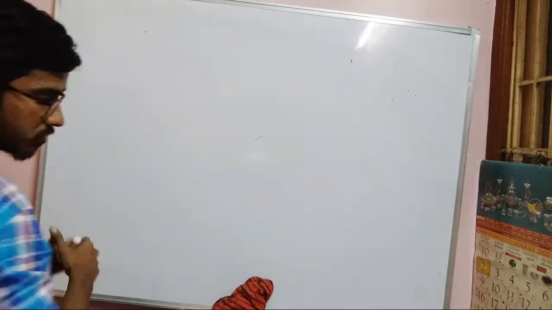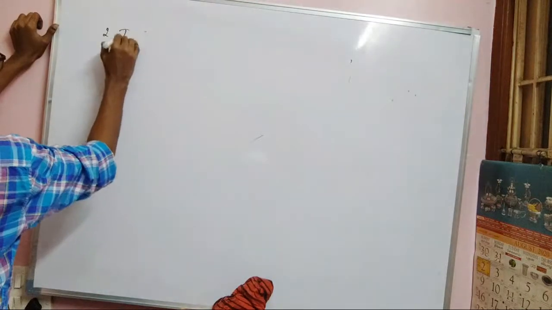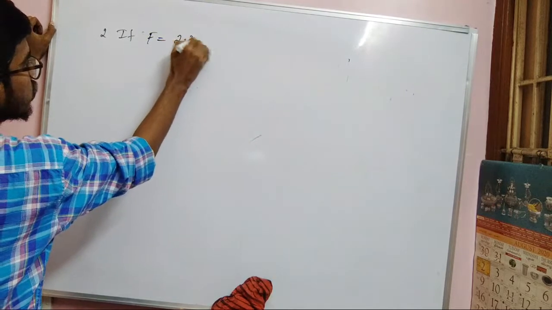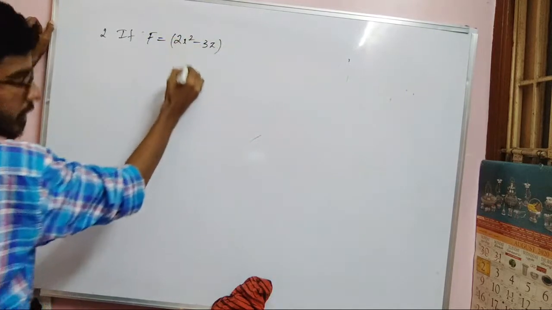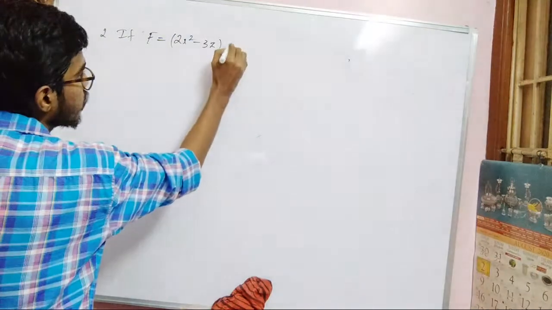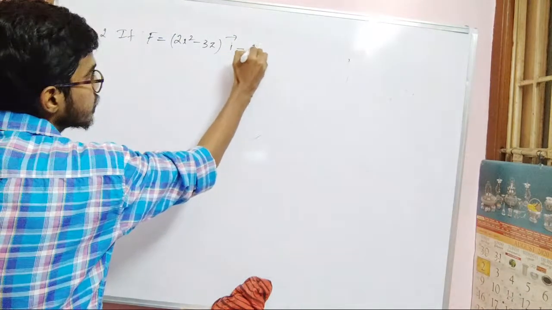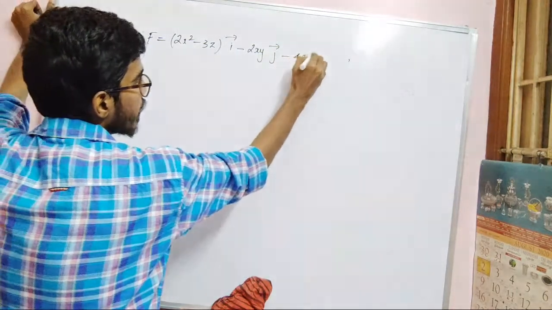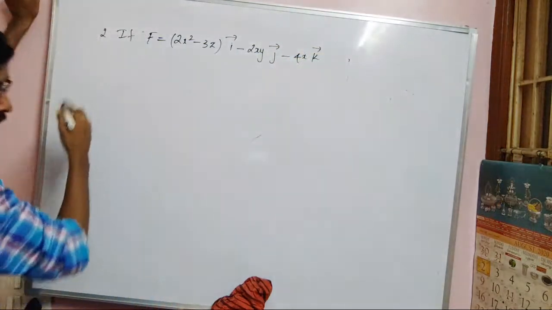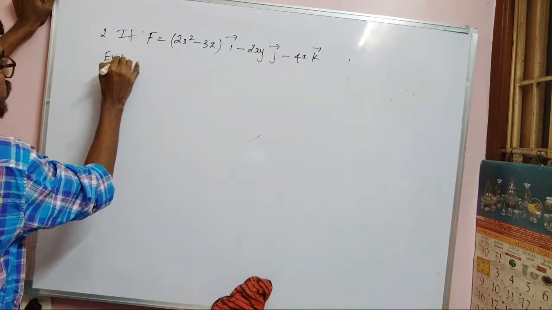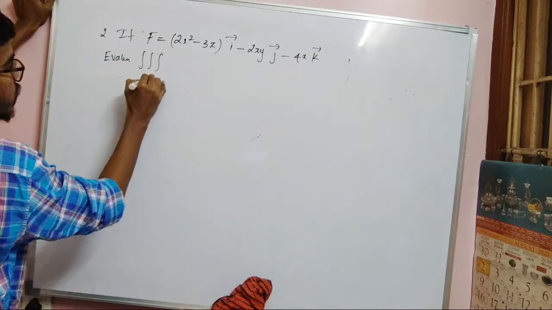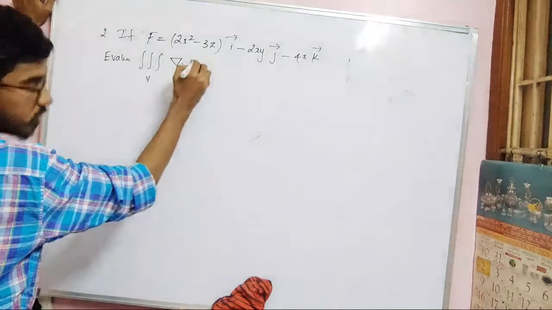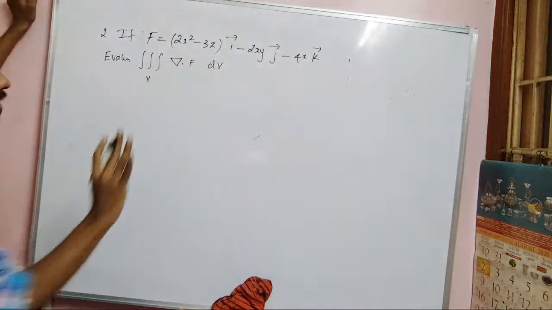If F is equal to (2x square minus 3z) i vector minus 2xy j vector minus 4x k vector, evaluate triple integral over V del dot F dV.